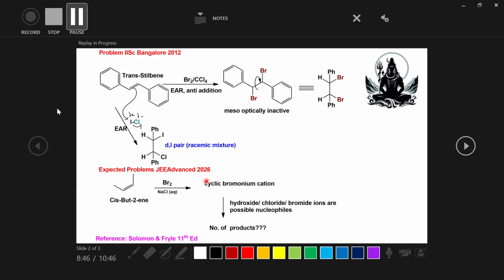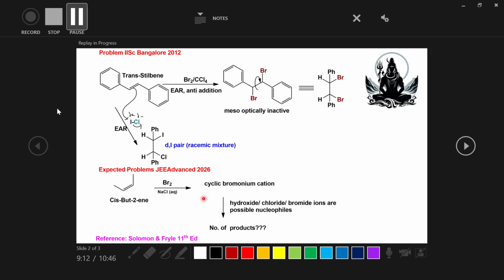If we think that a cyclic bromonium ion is formed in this case, and once it is formed from the Br2, we have a bromide ion inside the solution. Apart from that, we have a chloride ion inside the solution.